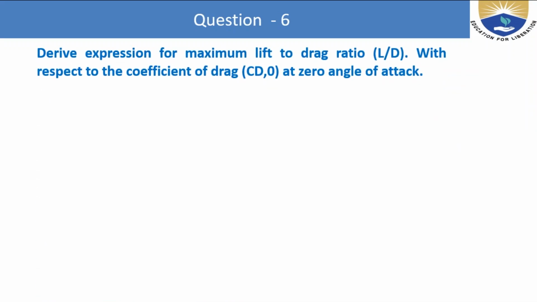So this lift to drag ratio is a very important parameter. If you see that L by D, we can also write CL by CD, and we know that CD is equal to CD naught plus K CL square.